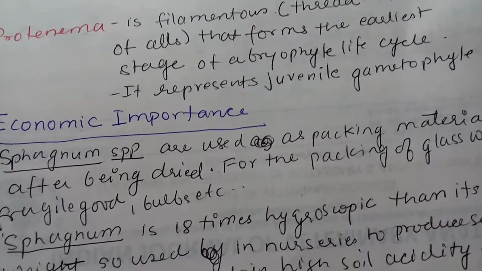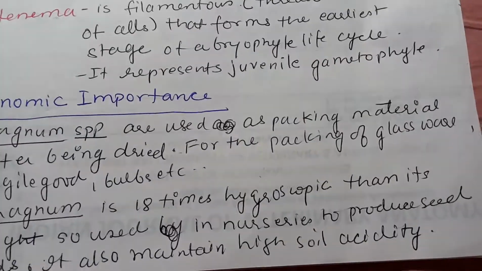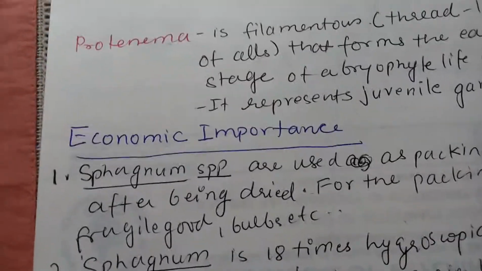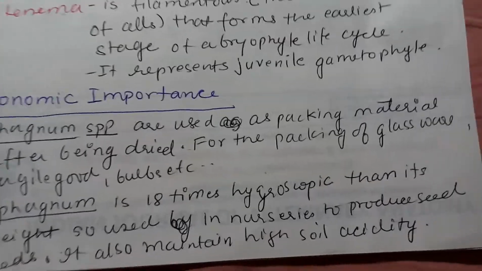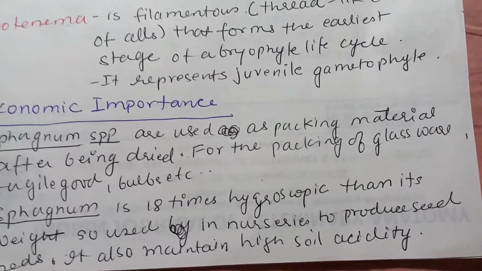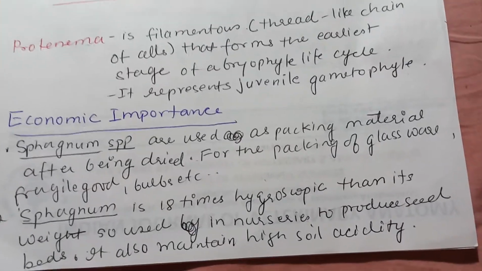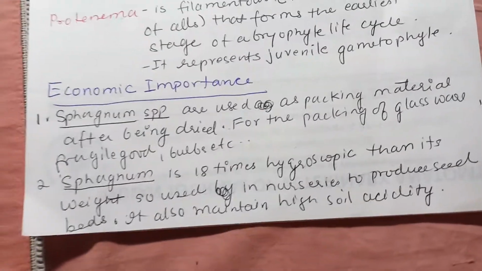Let's discuss now the economic importance of moss. Sphagnum species are used as packing material after being dried. Sphagnum is a kind of moss, and if you dry it, it can be used as packaging material for glasswares and fragile goods.